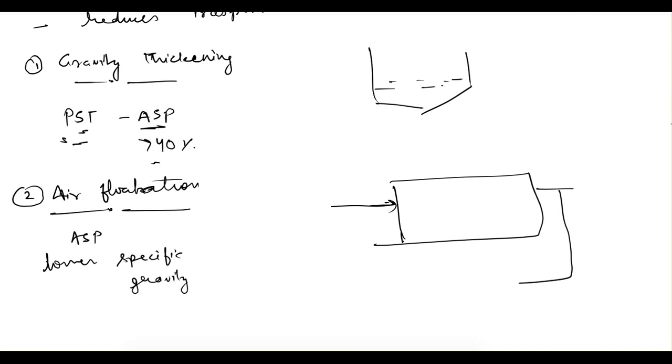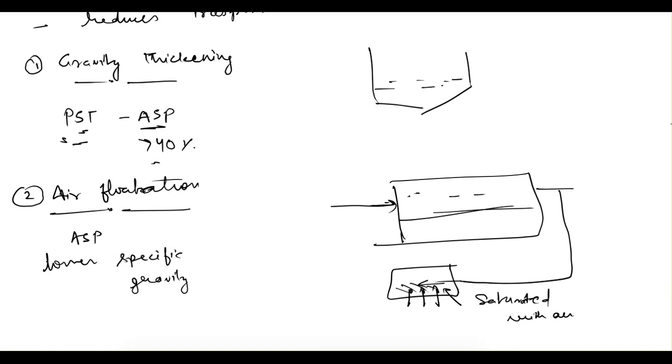A part of the supernatant goes to a pressurized tank, where it is pressurized and air is introduced, so it is saturated with air. Whatever supernatant, that is the liquid part of the sludge, we get out, some of it is taken in this tank, saturated with air, and introduced back, mixed with the influent sludge.